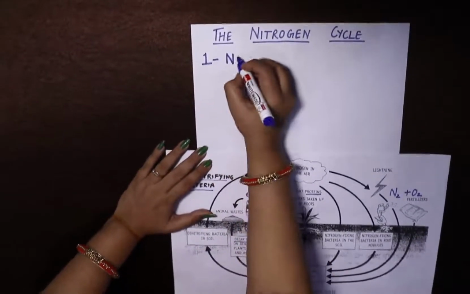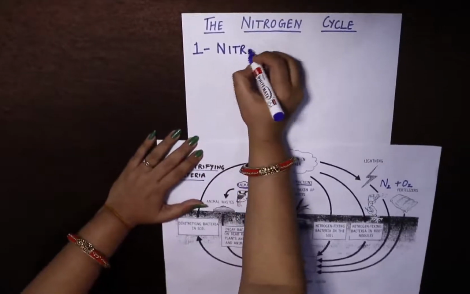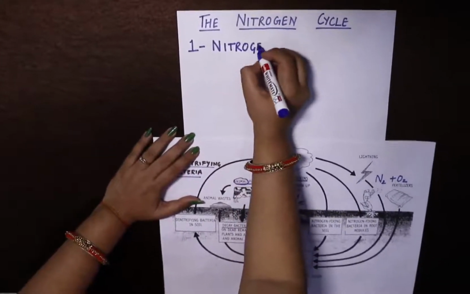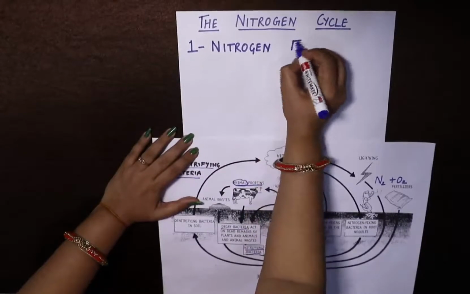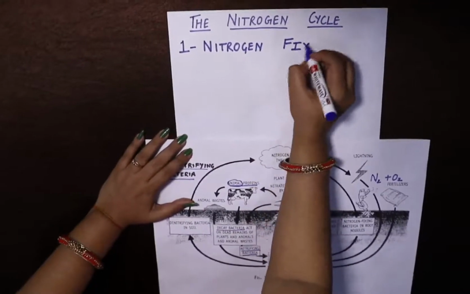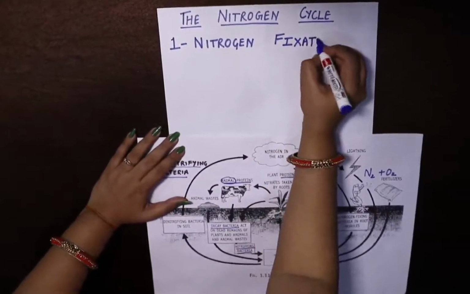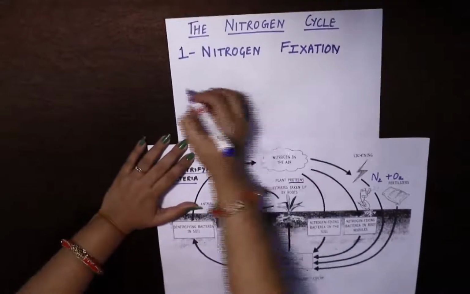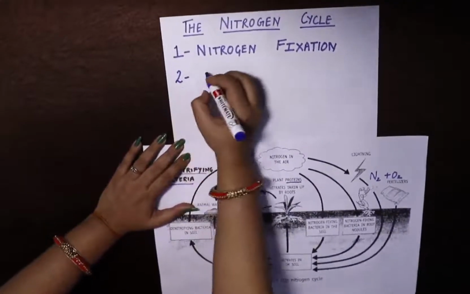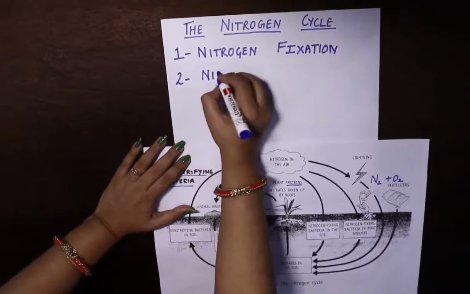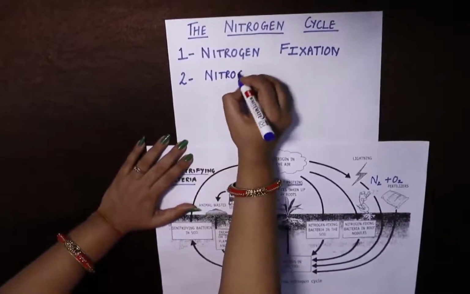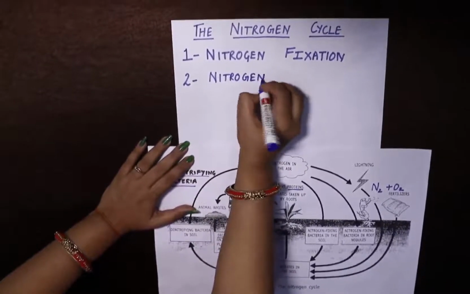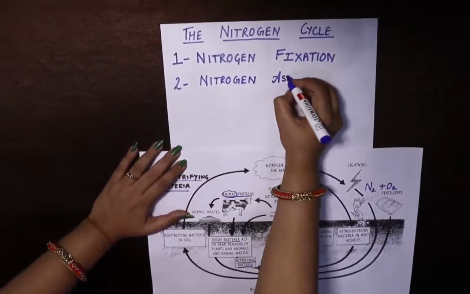The first step of the nitrogen cycle is nitrogen fixation. The second step of the nitrogen cycle is known as nitrogen assimilation.